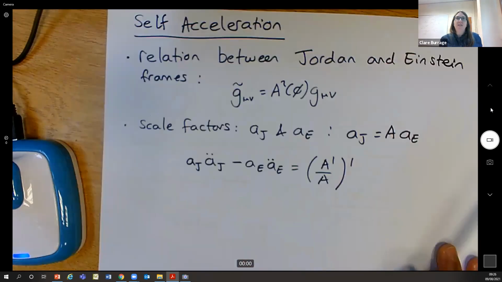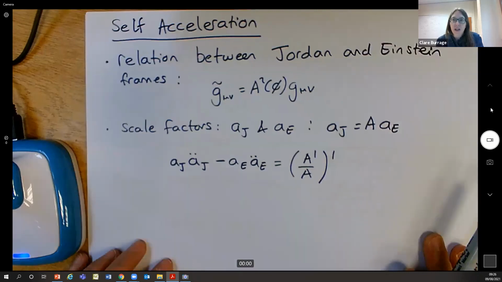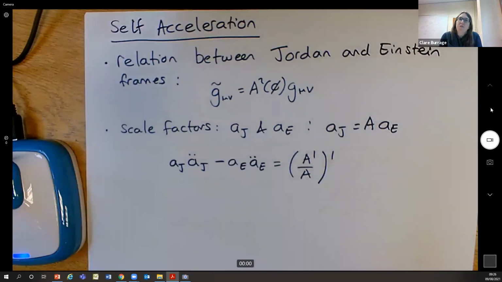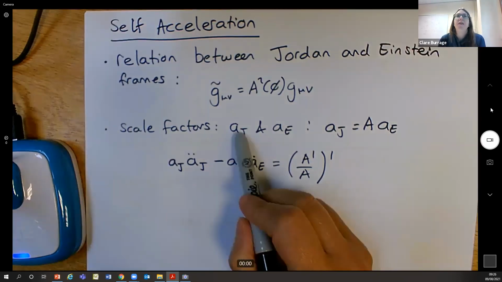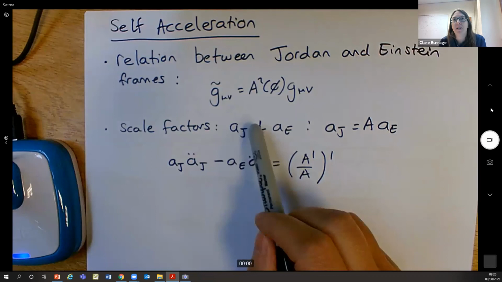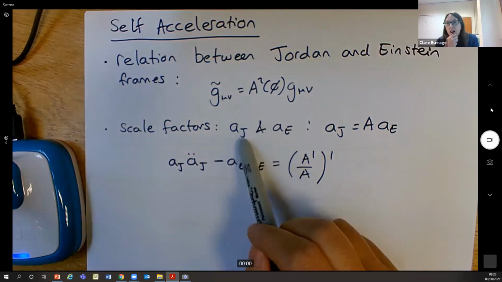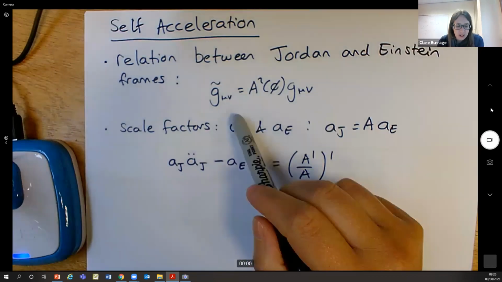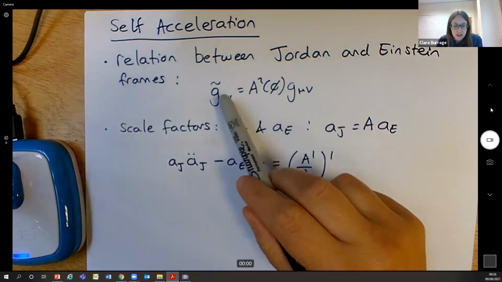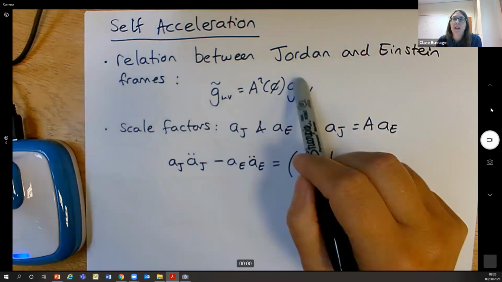Now that's interesting, because that means that we're computing our cosmological observables in one frame, the Jordan frame. So that's what I'm indicating with this subscript J. But that is related to the Einstein frame through this redefinition with the scalar field.